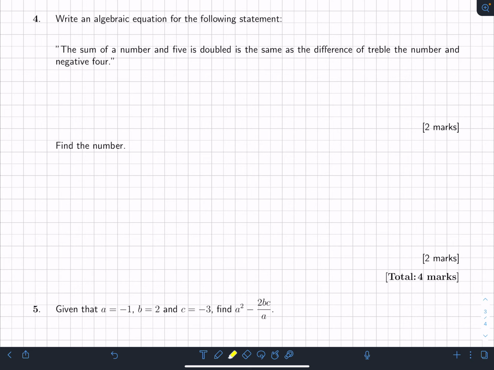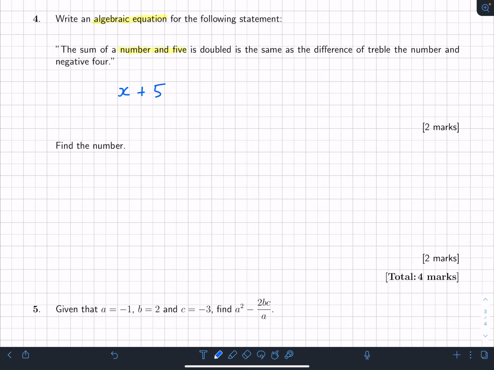So we need to write an algebraic equation for the following statement. The sum of a number and 5. So a number and 5, let's have a look. A number and 5, I'm going to call that number x, so x plus 5.